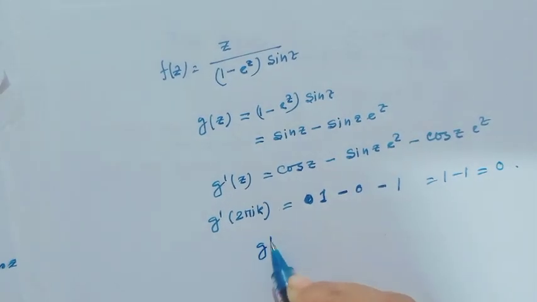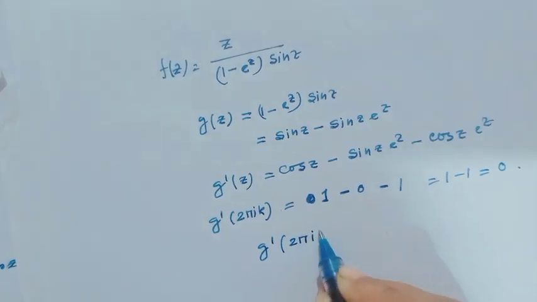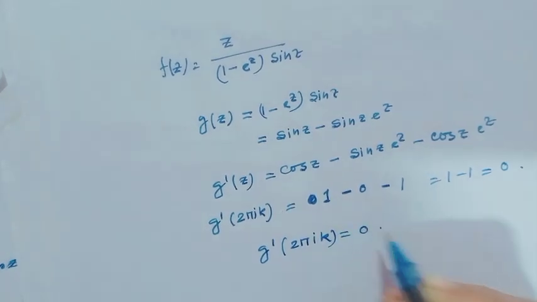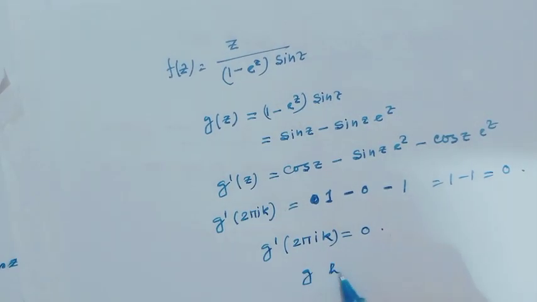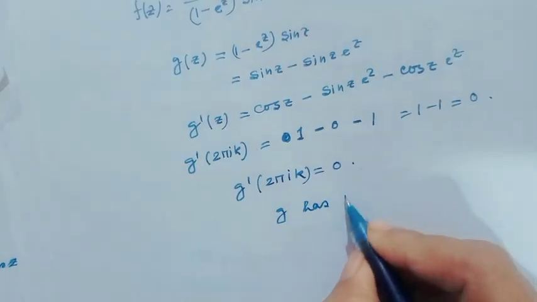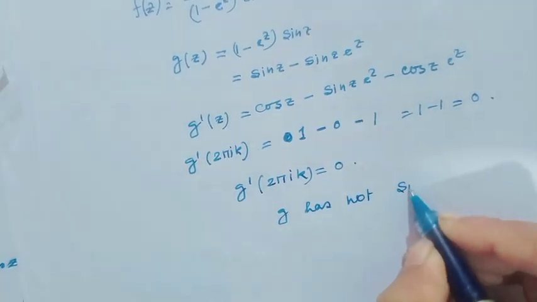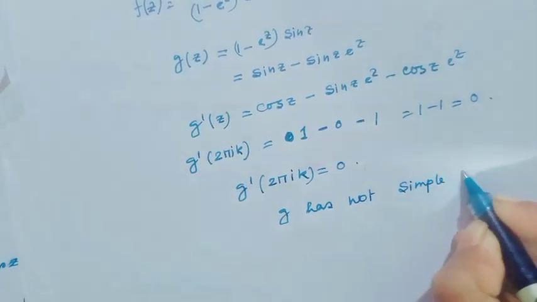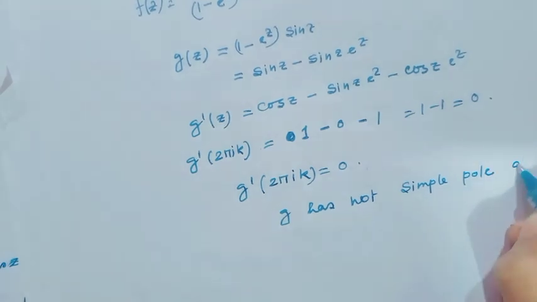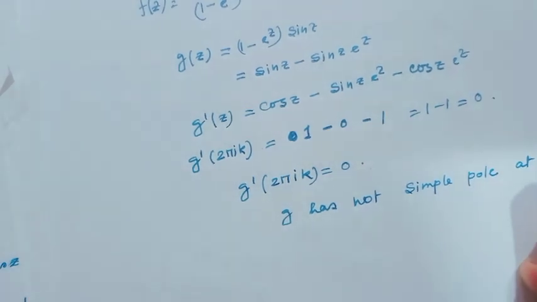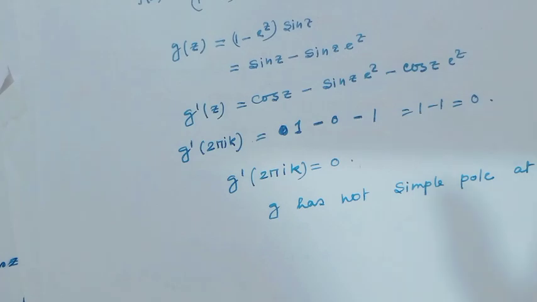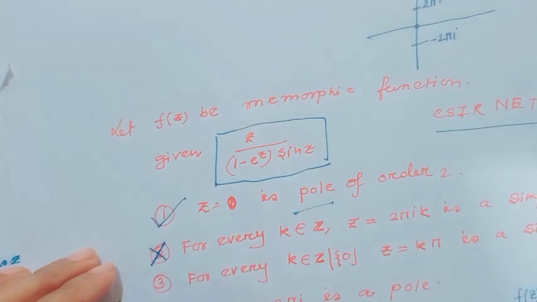Since g prime 2 pi ik equal to 0, that means g has not a simple pole at the point 2 pi ik. Okay, therefore option 2 is a wrong option.